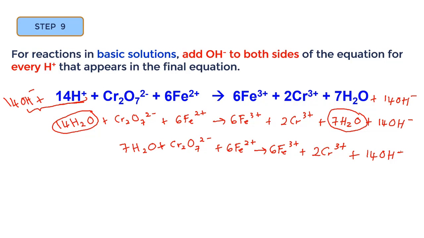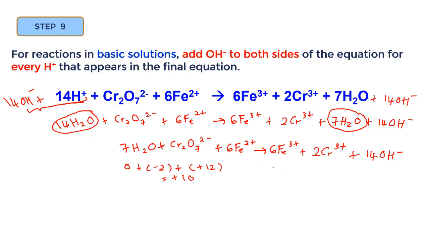Check the equation whether the charges balance already, and the same goes for the atoms. 7 mole of water, the charge is 0. 1 mole of dichromate ion brings negative 2 charge. 6 mole of iron 2 plus ion brings positive 12 charge. So positive 12 minus 2 equals positive 10.